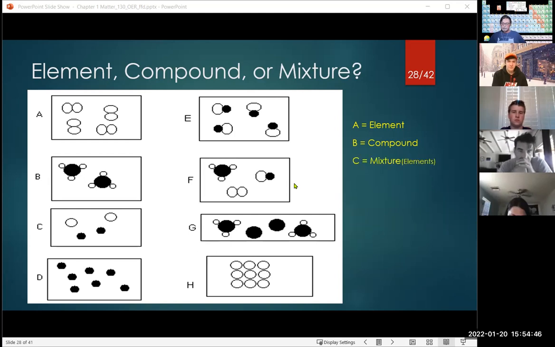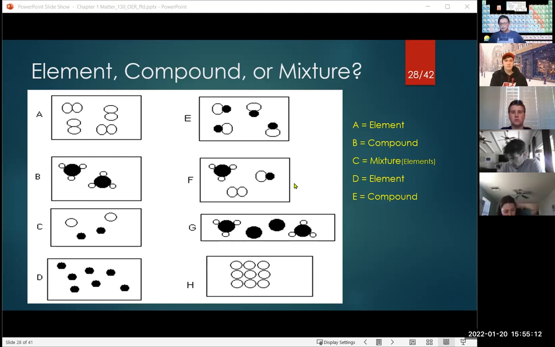C is a mixture of elements, two different elements. D represents, again, an element, and nothing else but a dark sphere. That's it. E does represent a compound, okay, a pure compound, nothing else but the dark and the clear sphere bonded to each other.